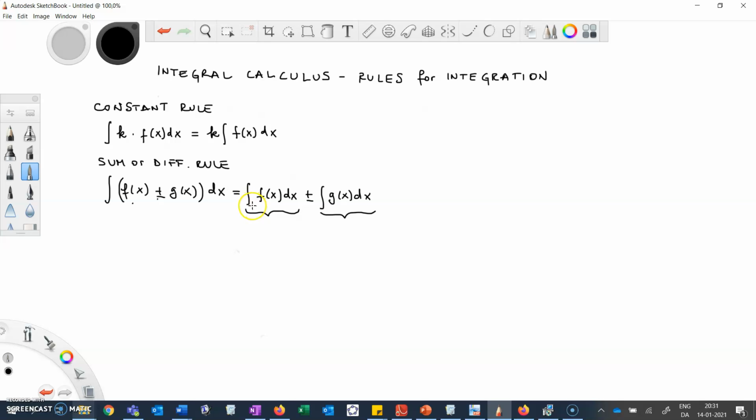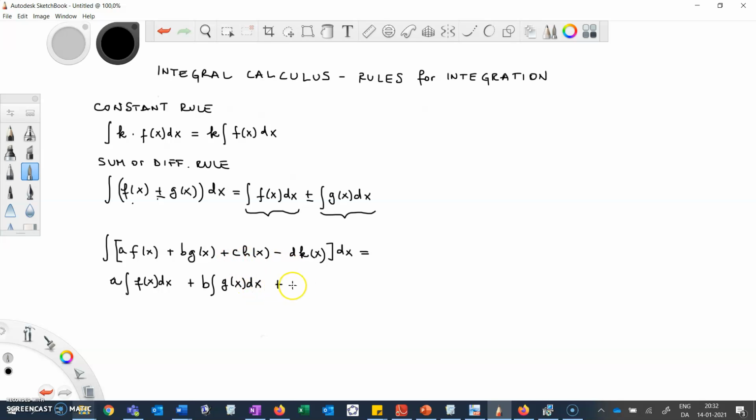This means that if I have a long expression, like for instance an integral of a f of x plus b g of x plus c h of x minus d k of x, all in dx, and therefore we need an extra parenthesis here, the integral is just going to be, following the constant rule, a outside of the integral of f of x in dx plus b, it's a constant, so b is going to multiply the integral of g of x in dx.